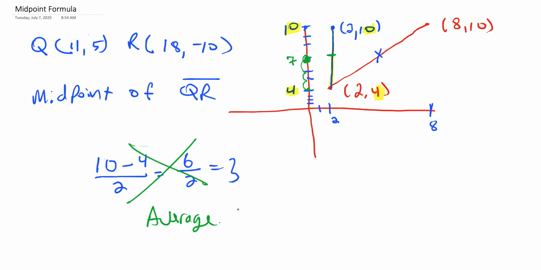So you're going to go 10. Well, what is the average? How do you take the average? Let's say I have 4 jelly beans, and you have blue ones, 6 jelly beans.